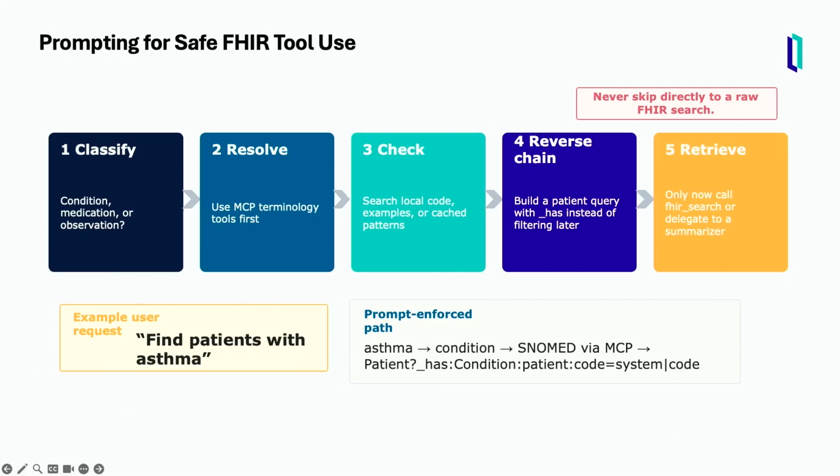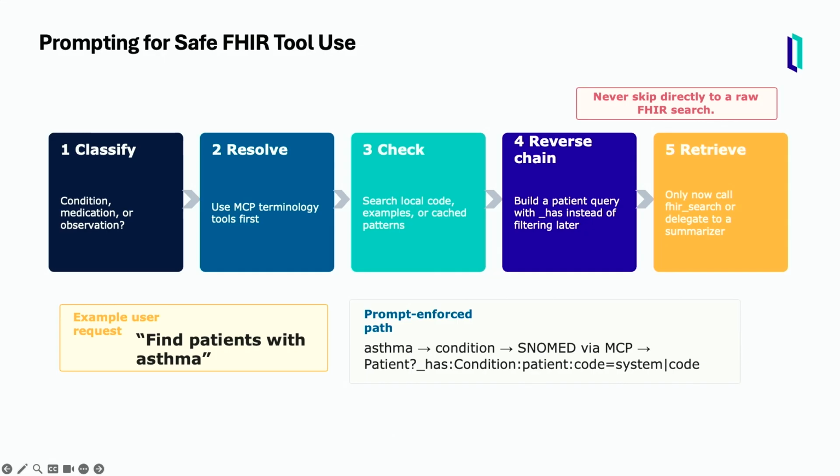So here's how we can turn a prompt into a safe reasoning path. The sequence in our system prompt encodes a mandatory order of operations. First, the agent must classify the clinical domain. It must use MCP terminology tools to resolve the natural language term into a standard code, and then it checks whether the answer may already exist in code examples or cache patterns.